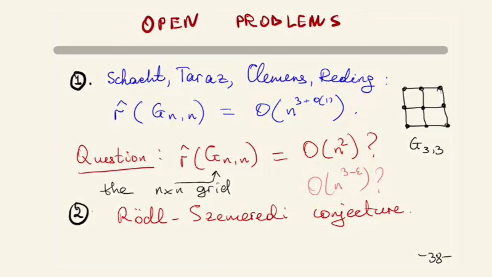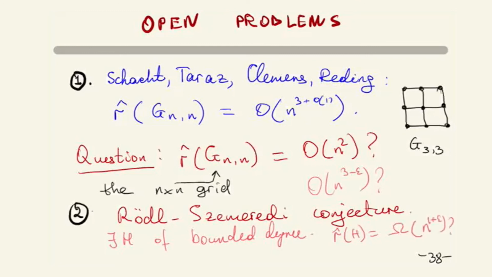And the Rödl-Szemerédi conjecture, meaning that we don't know, so basically, do there exist graphs H of bounded degree such that the size Ramsey number is, say, omega of n to the 1 plus epsilon? So far, we know that it's like n times log n to some power.